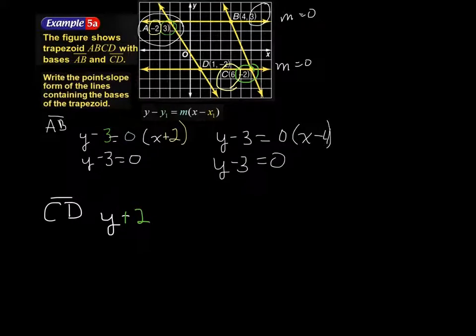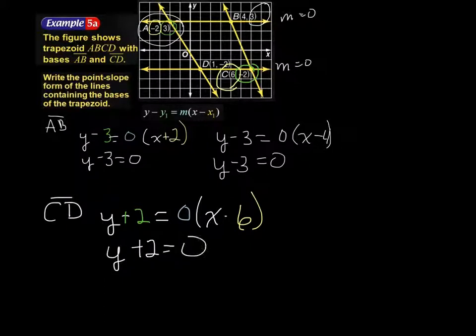So working on our other line, y minus -2 is the same as y plus 2 equals, our slope is still 0 times x minus the x part of my point, which is 6. So once again, I'm going to get y plus 2 equals 0, since 0 times anything is 0.